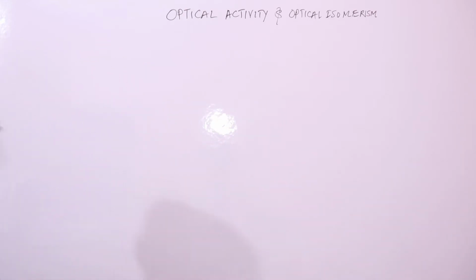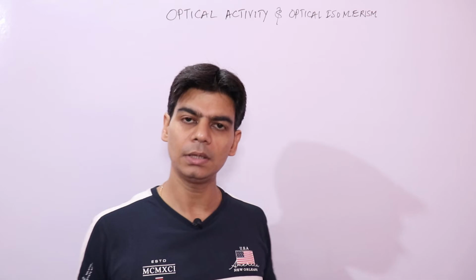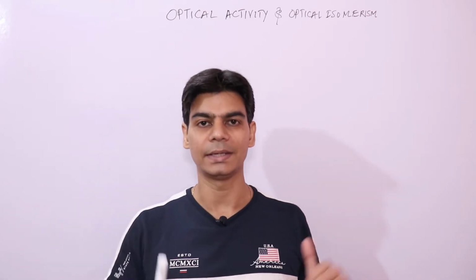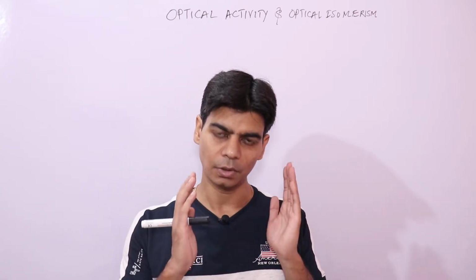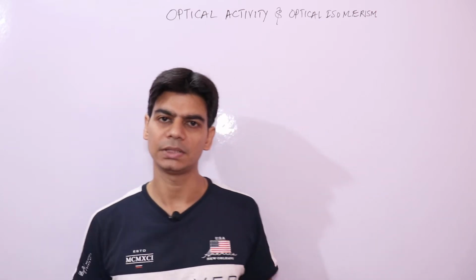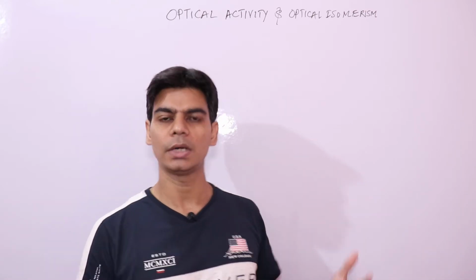So optical activity: the word optical we use when there is light. Optical means light. Since we are dealing with isomerism here, and more specifically stereoisomerism, just keep in mind that we are studying organic compounds.